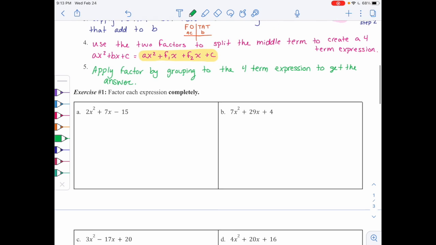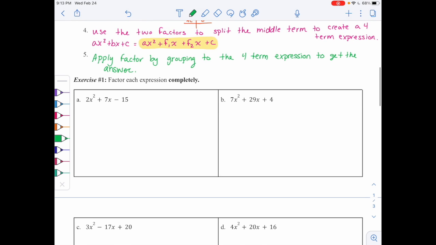So first things first, I'm going to look at my expression: 2x squared plus 7x minus 15. I notice there is no GCF and A is not 1. A is 2. So this means I'm going to use the AC method.